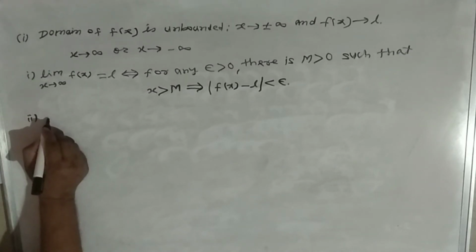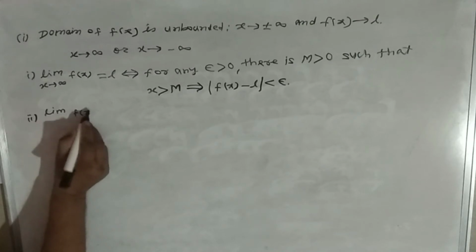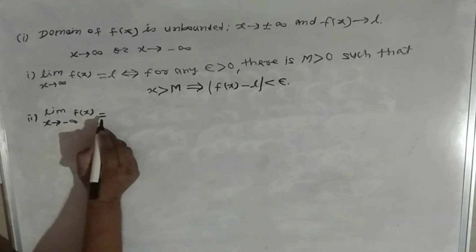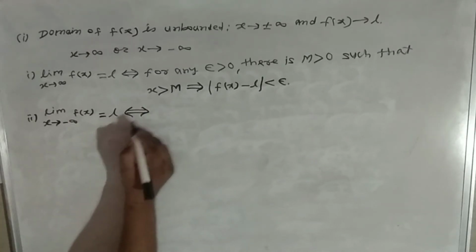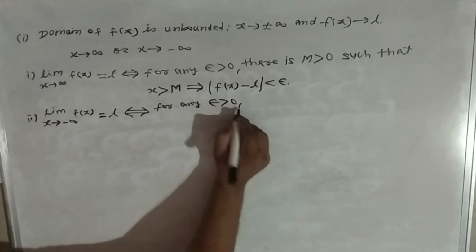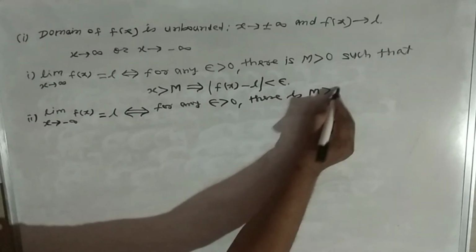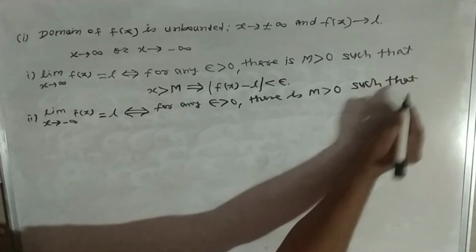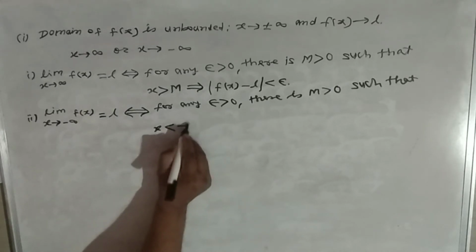Now limit of a function f(x) as x tends to minus infinity is equal to L if and only if for any epsilon greater than 0, there is m greater than 0 such that x is strictly less than minus m.